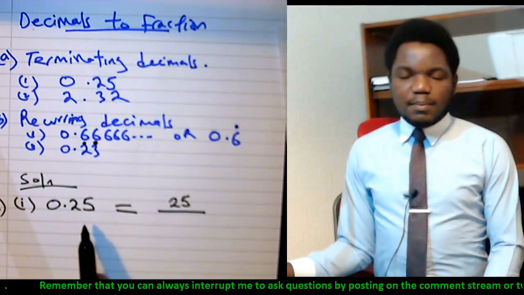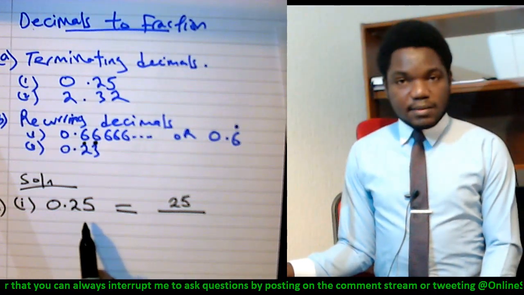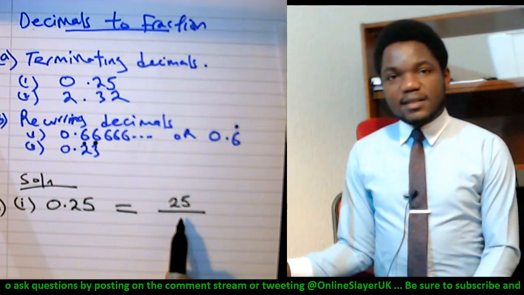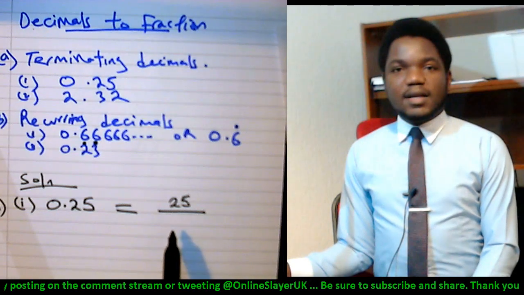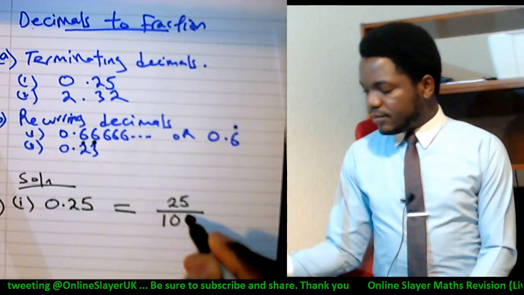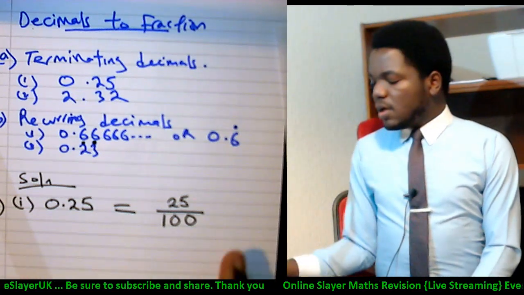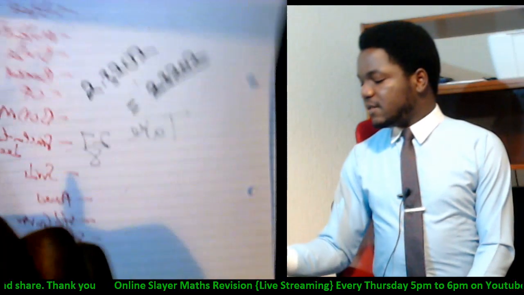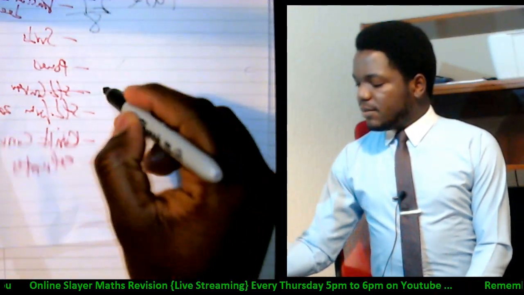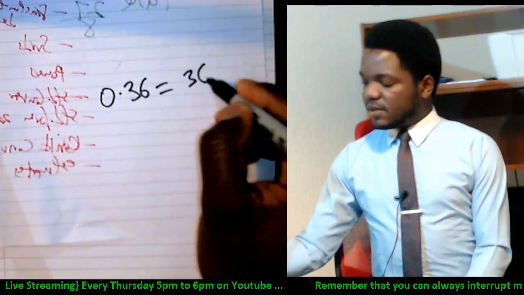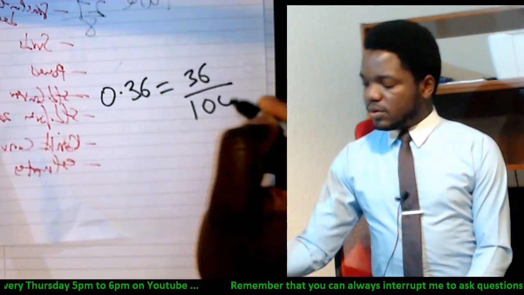Now you can see just 25 as the numbers there. How many decimal places do we have here? 2 decimal places. So because it's 2 decimal places, I'm going to be dividing this 25 by 1 and 2 zeros. So it's going to be 100. That's it. If I had something like 0.36, for instance, that's going to be 36 divided by 100.